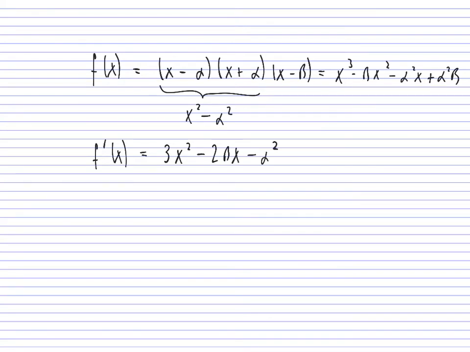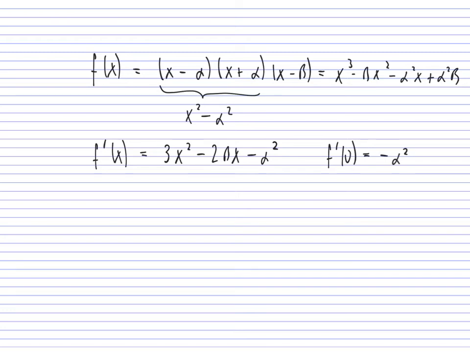And so at x equals 0, f prime of 0 is just equal to minus alpha squared. So that is the slope of the tangent at this point x equals 0.